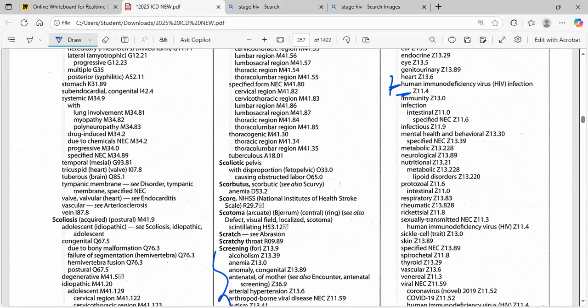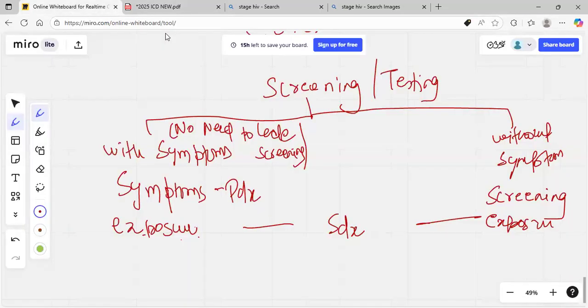If the patient is having a symptom, you will code symptoms. You are not going to code the Z11.4. And in both cases, whether the patient is with symptoms or without symptoms, if the patient had the exposure, then you have to code the exposure at the last or at the secondary position. It will represent the high risk behavior or high chances that the patient will get the infection.